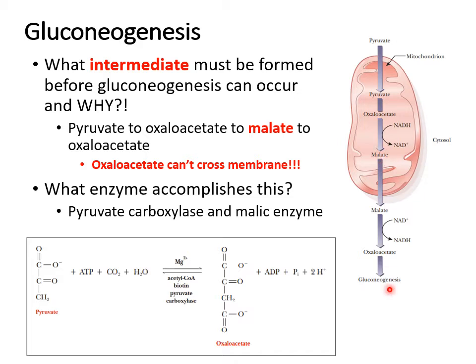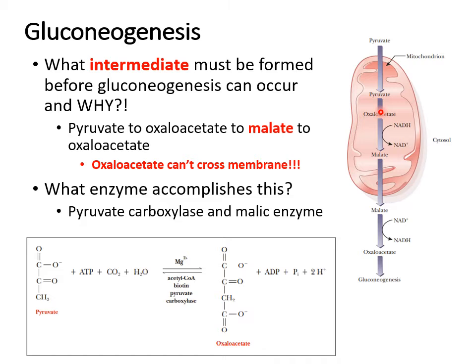But where you want gluconeogenesis to occur is out in the cytosol. So you first have pyruvate out here in the cytosol. You ultimately want the reaction out in the cytosol, but the enzyme needed for that first conversion is in the mitochondria.